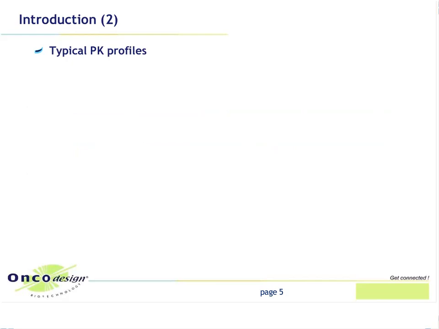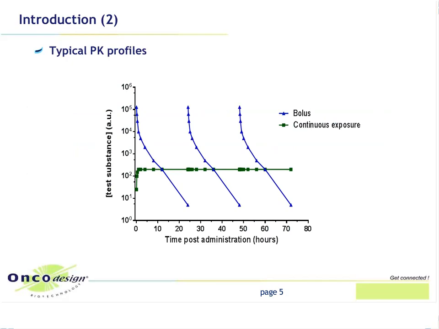So, as a basic representation here, I draw an arbitrary concentration of drug after a bolus injection repeated every day. So we observe a very high concentration when the drug is injected after bolus injection, and a very short half-life of the drug inside the body.